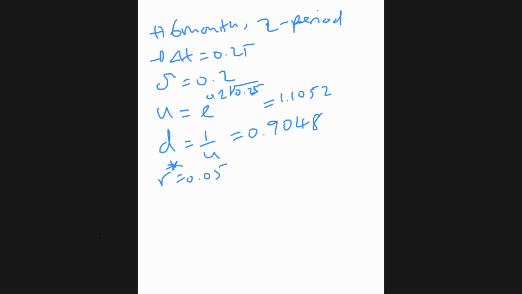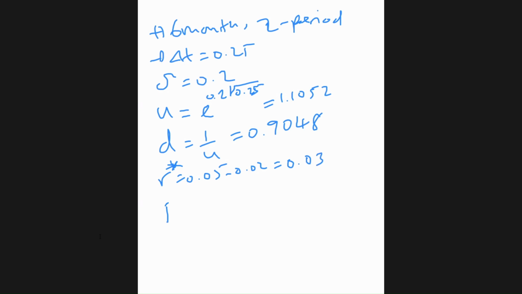Dividend yield is 2%, so minus 0.02. That gives you the adjusted R in the presence of dividend. Without dividend, you take the risk-free rate as the nominal value. So the adjusted R is 0.03.